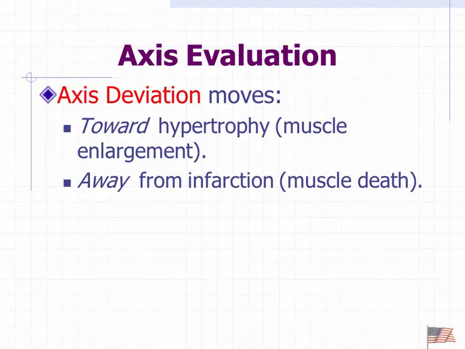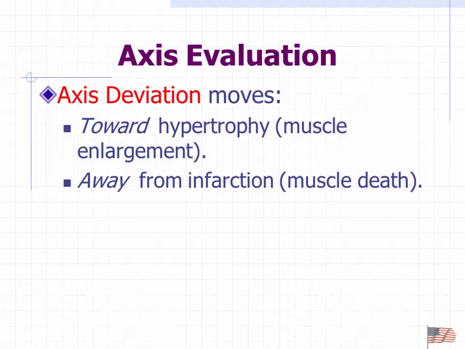So as the size of that muscle mass becomes larger, it's going to cause the current to go in that direction. Well, that makes sense. So if I have right ventricular hypertrophy, it's not going to be from upper right to lower left. It's actually going to be from upper right to lower right, because the current's following that right ventricle being larger.